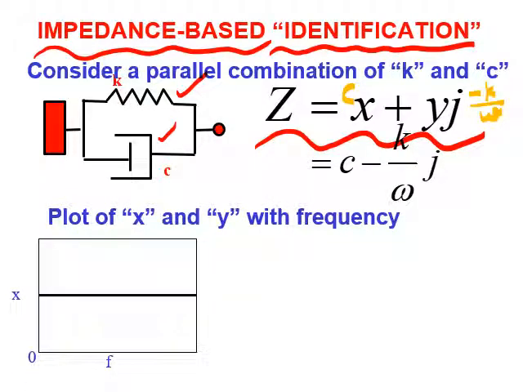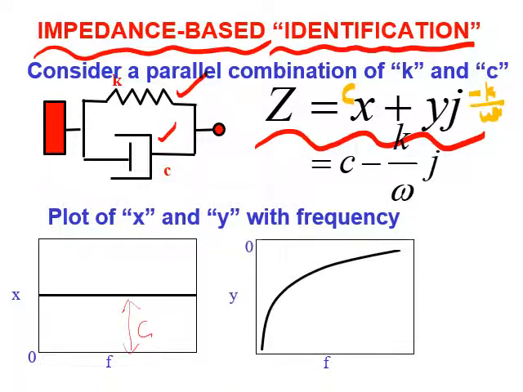X will be like this, that X is constant because this value is equal to C, and then Y is like this, that is minus K by omega into J. So as the omega is increasing, the value is tending to 0 and otherwise the value is negative. So if in general we find that this kind of behavior is there, that means that it is a parallel combination of K and C.